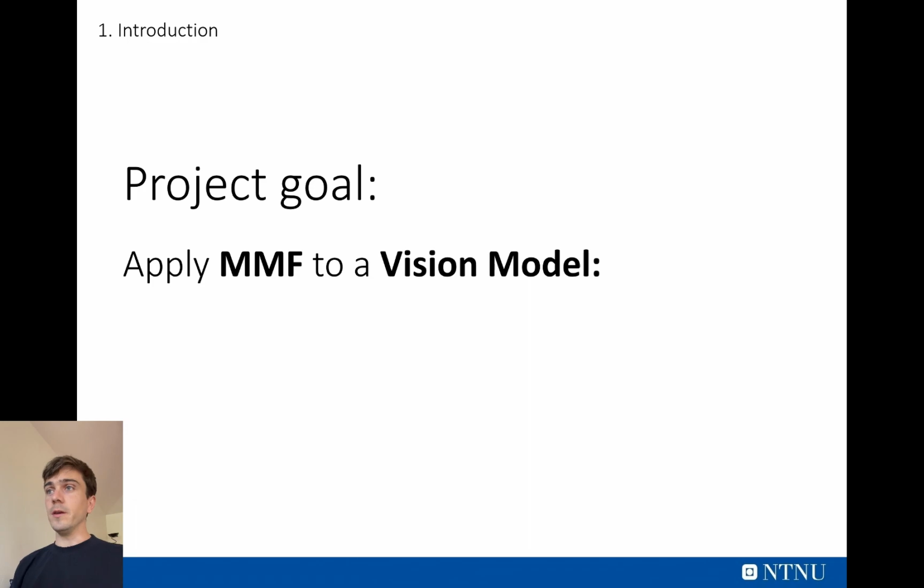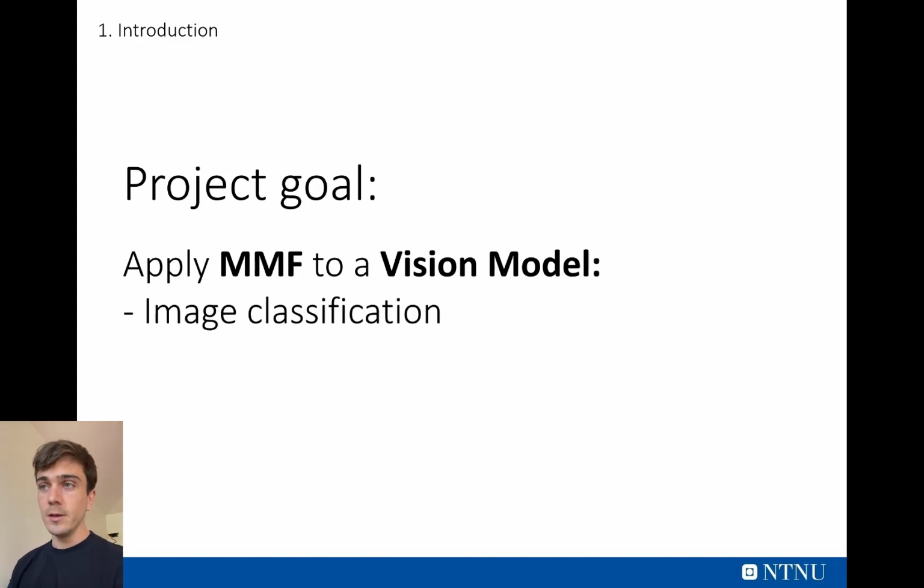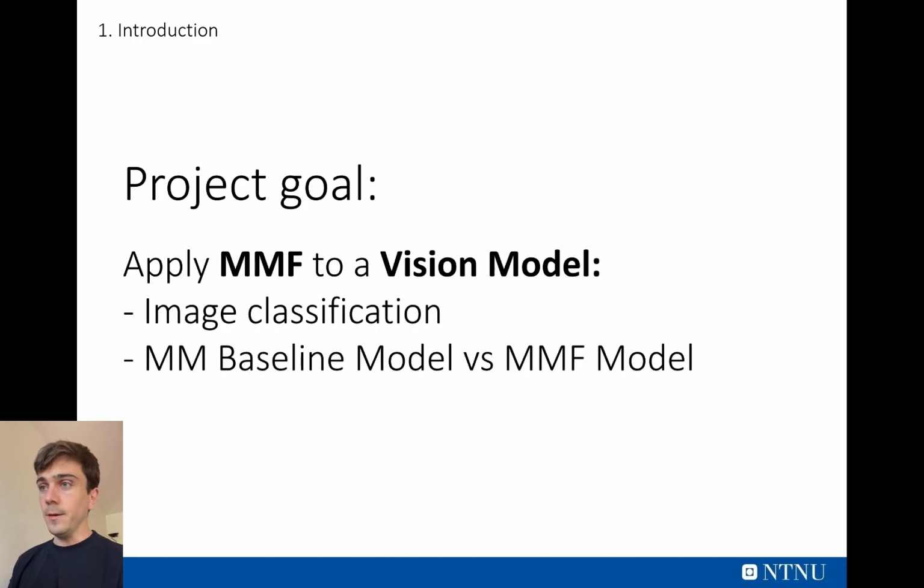So the goal for this project is to apply matmul-free to a vision model, specifically to image classification, which is the simplest task. In the end, the goal of the project is to first train a baseline neural network with matrix multiplication, and then train exactly the same network but replacing the dense layers with matmul-free layers, and compare both and see what happens.